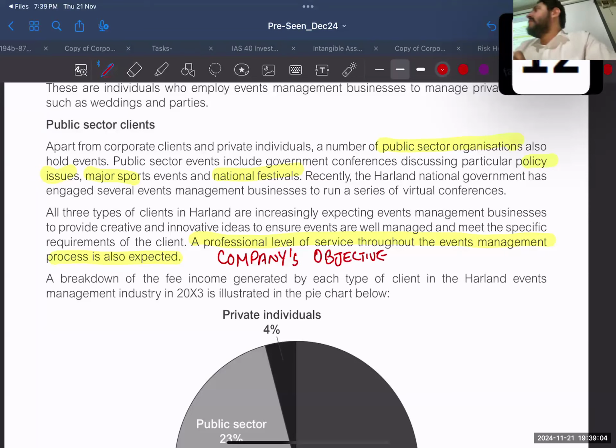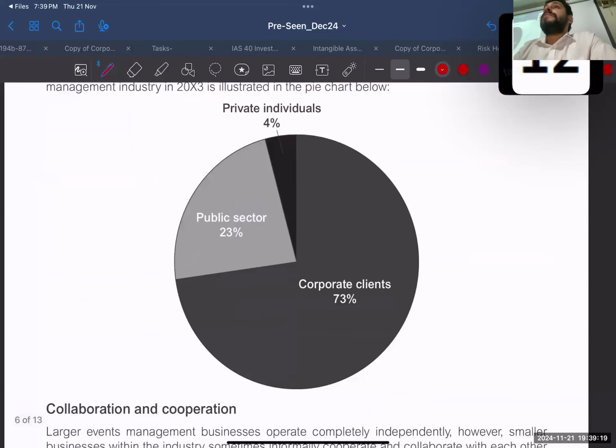Okay, moving forward. A breakdown of the fee income generated by each type of client in the Harlan event management industry in 20x3 is illustrated in the pie chart. The biggest number, that is 73%, is from the corporate client. Public sector is 23%.